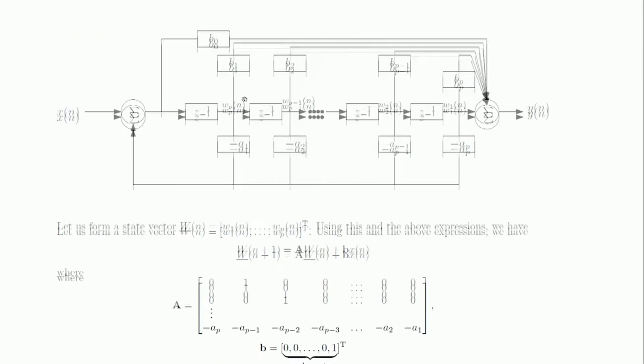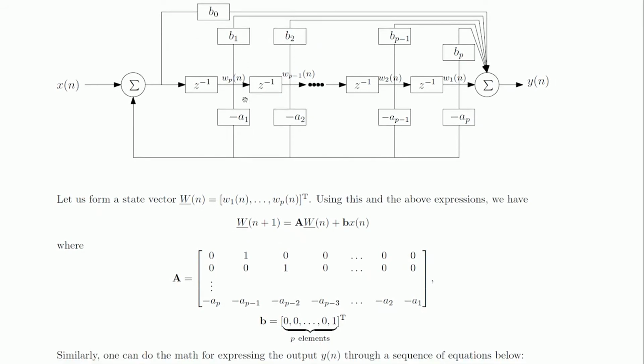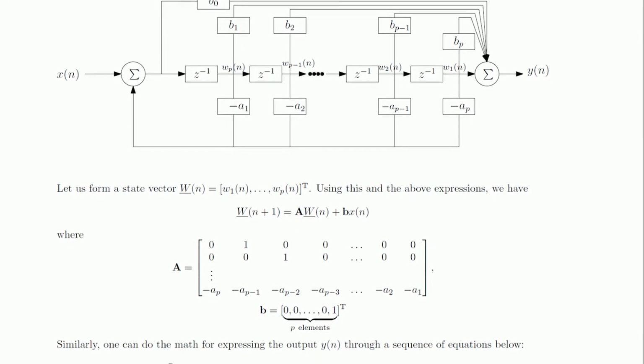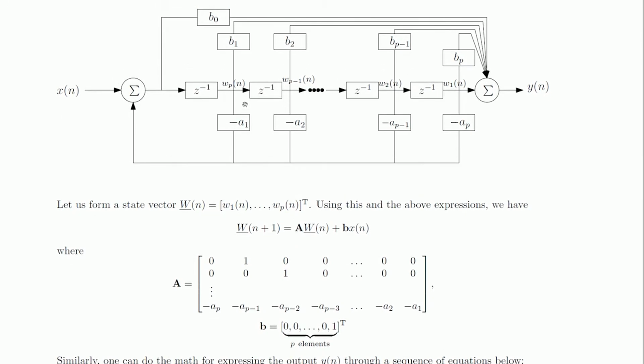Now, let us form a state vector, which is Wn, as I told you, which is capital Wn, this vector which is W1n, so on till Wpn, and we have these interim state variables which are described as follows.